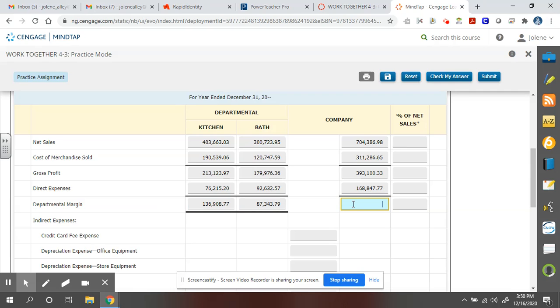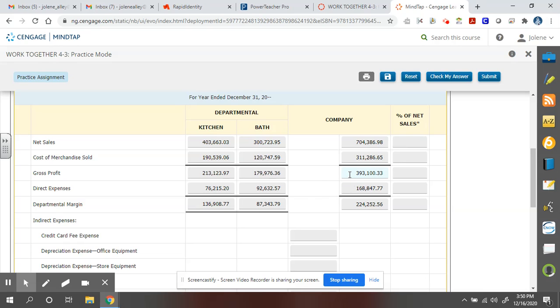I go across for my departmental margin. Add it across. I got $224,252.50.